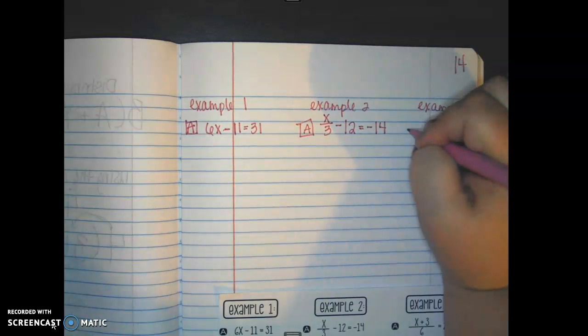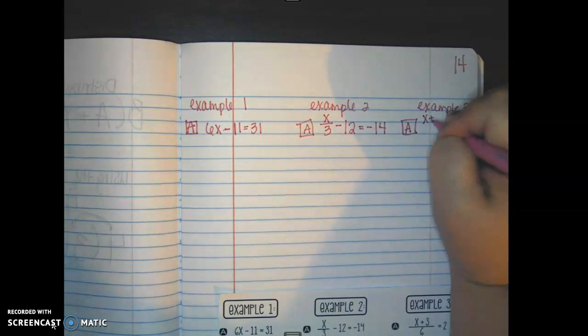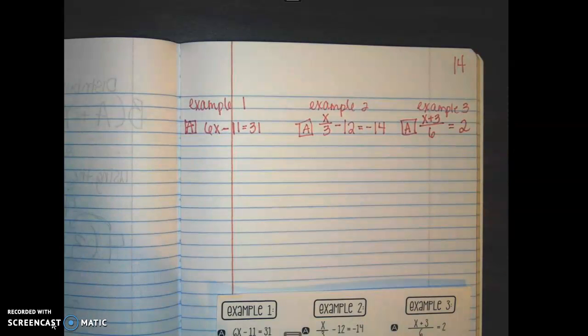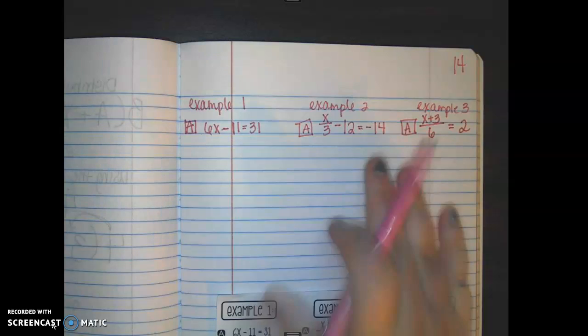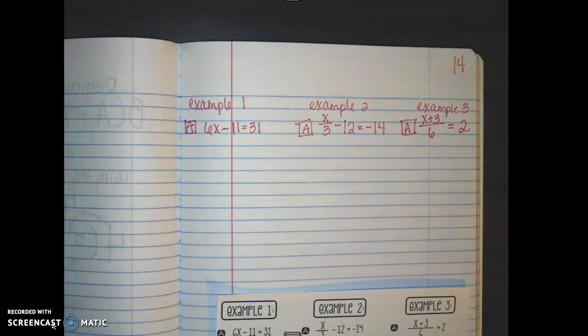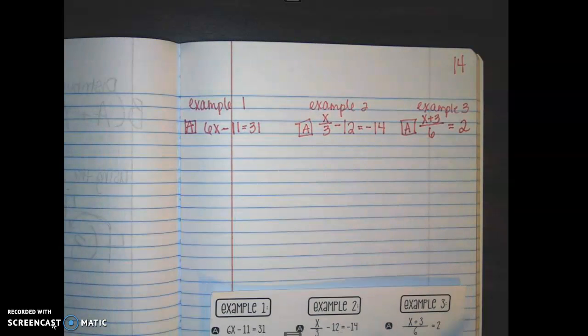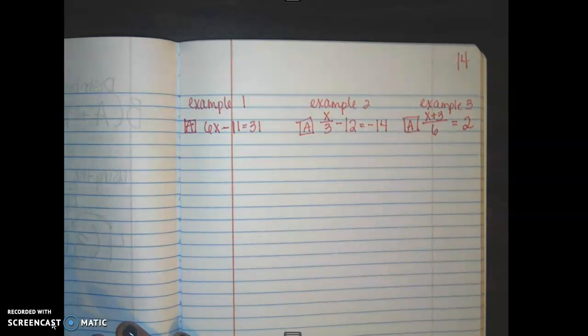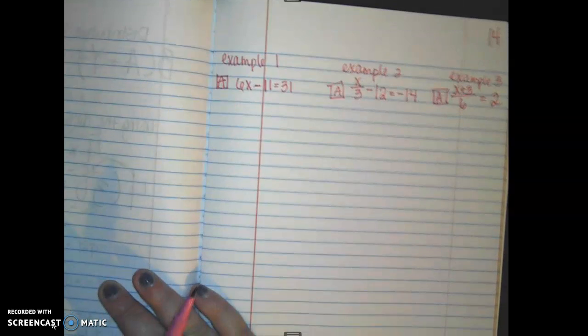And then our example A for example 3 is x plus 3 over 6 equals 2. Now hopefully you've looked at this and said, oh, these are familiar. We did these last year. And you are correct. Solving 2-step equations is what you learned in 7th grade. We are just doing a review of it still before we add on to it.